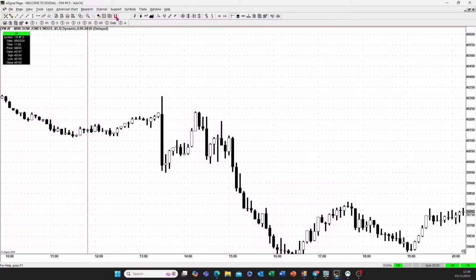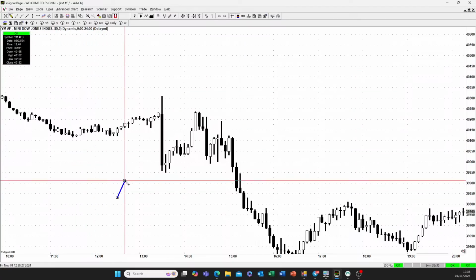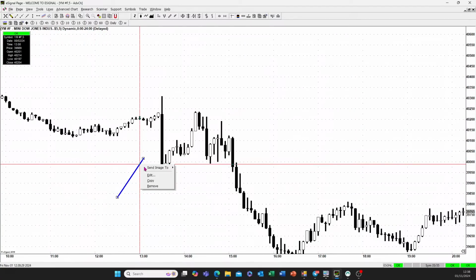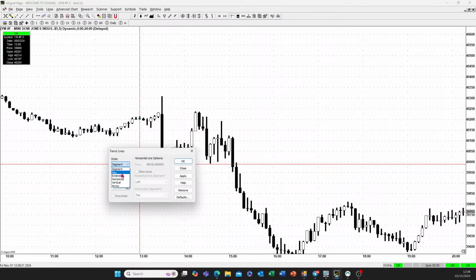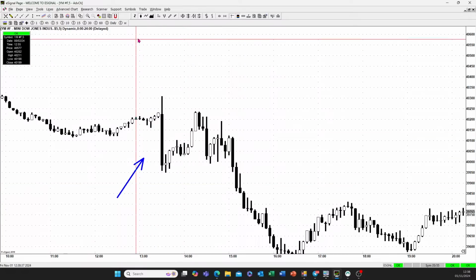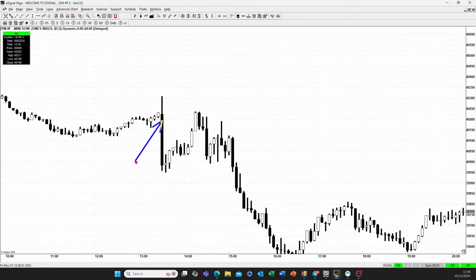If I create an arrow, and I get rid of the crosshair, maybe it'll be easier to follow. So this bar here is the release of the non-farm payroll.